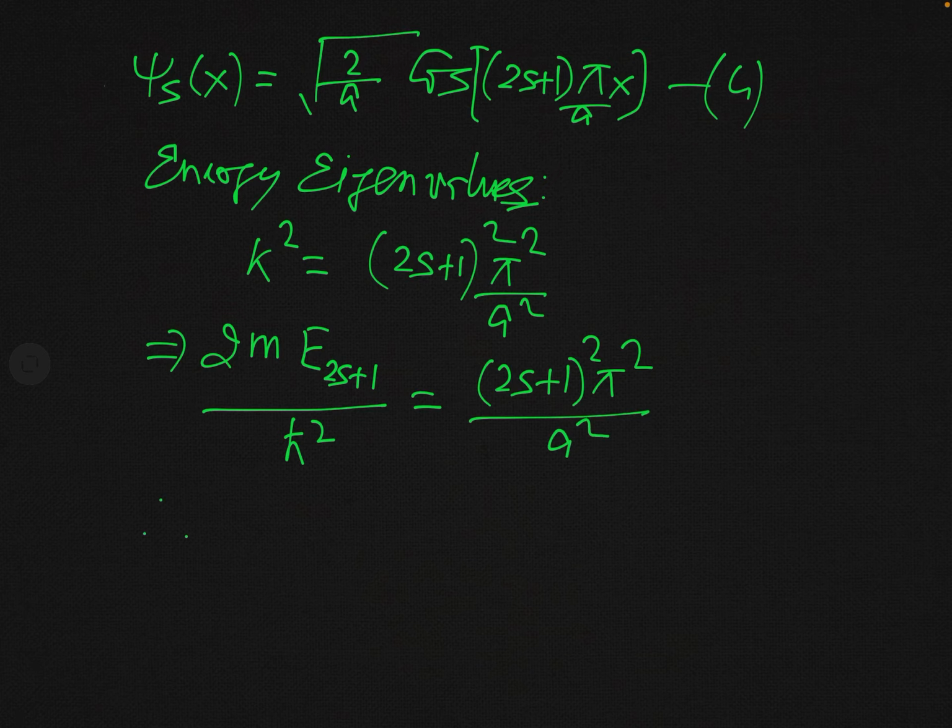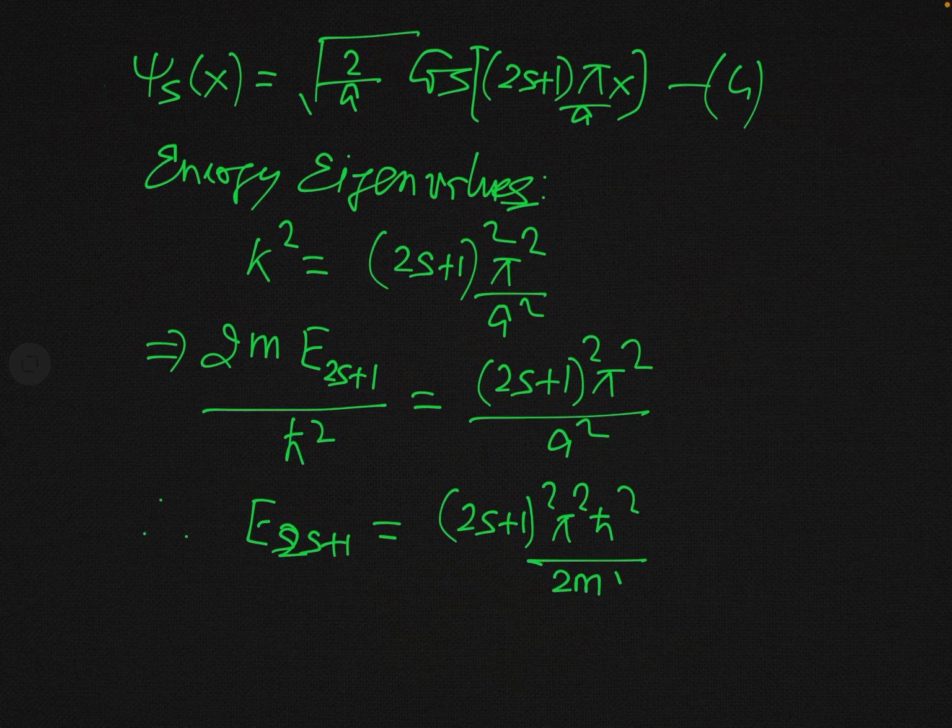And so from here we can write E_{2s+1} equal to what? This will be (2s plus 1) whole square pi square h bar square over 2ma square.